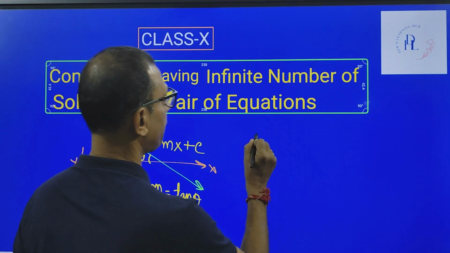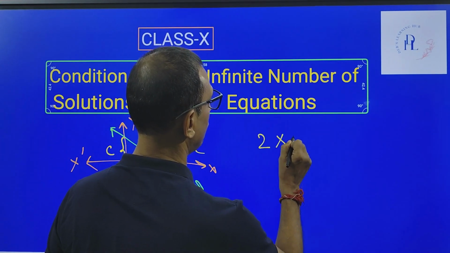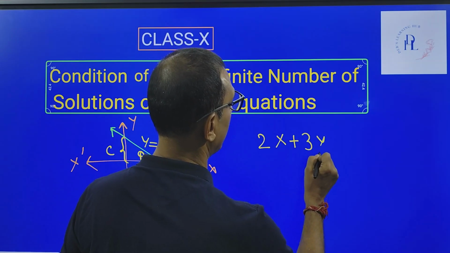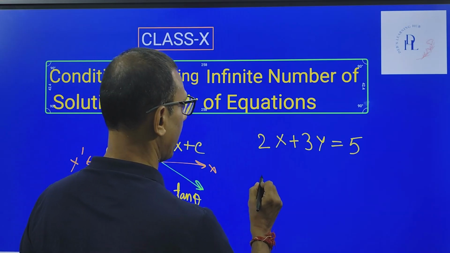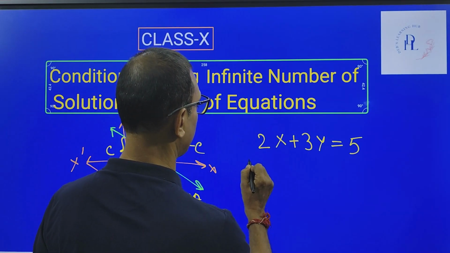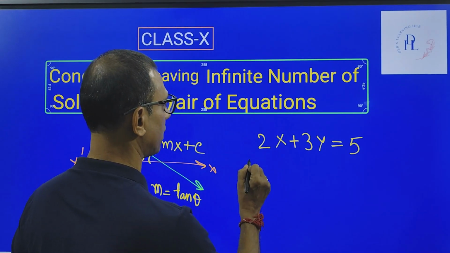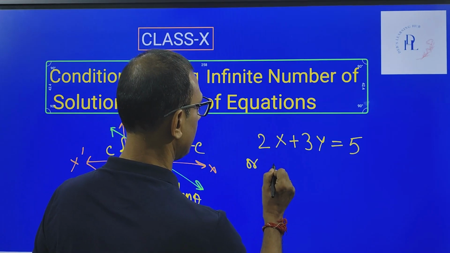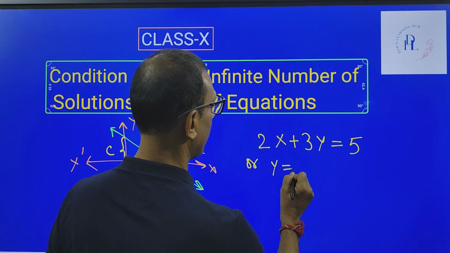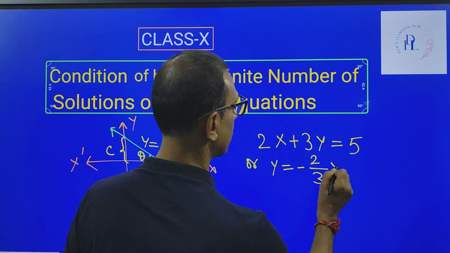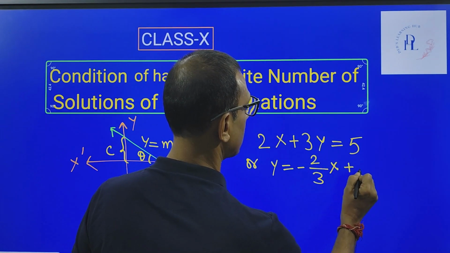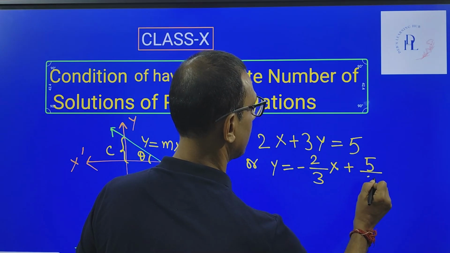Now if I say there is one equation 2x plus 3y equals to 5, the way I have explained earlier, and how we can represent in the form of y equals to mx plus c, then it is y equals to minus 2/3 x plus 5 by 3.